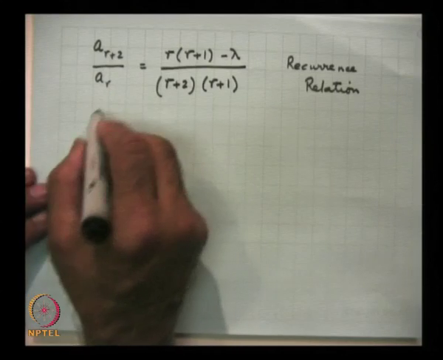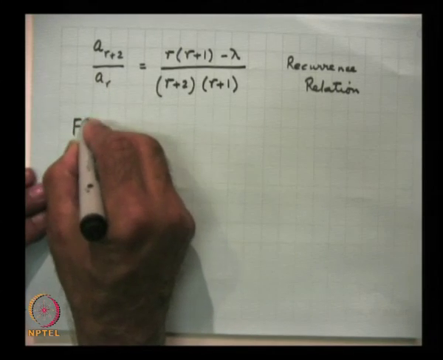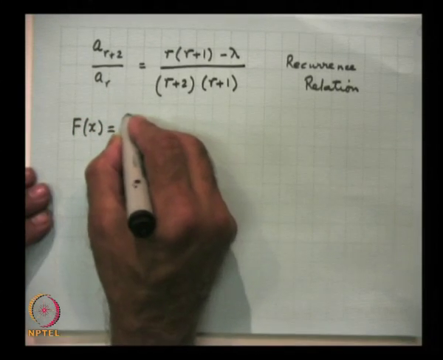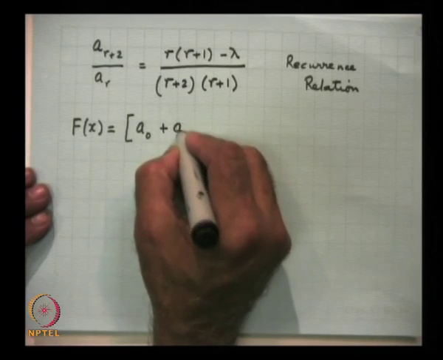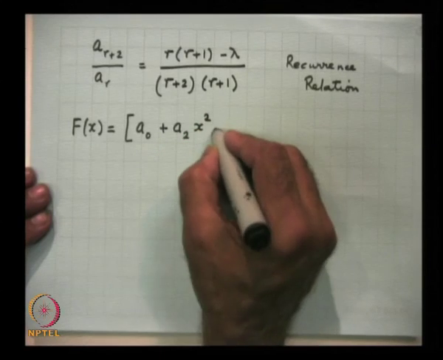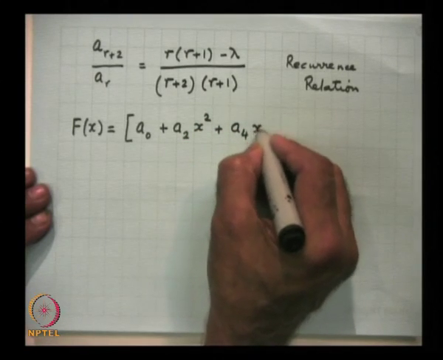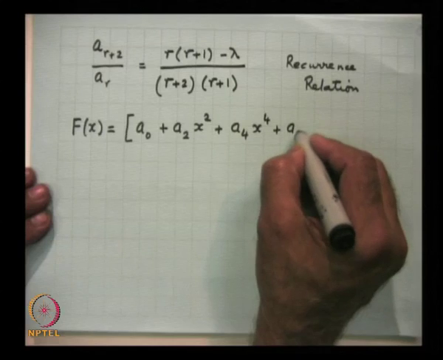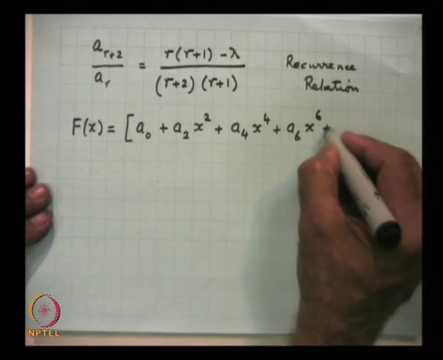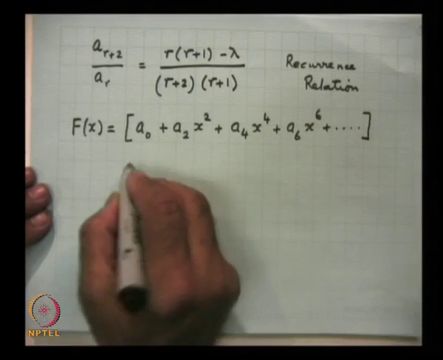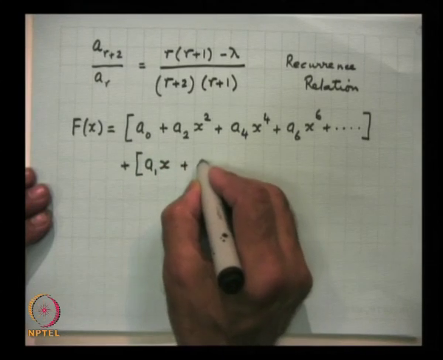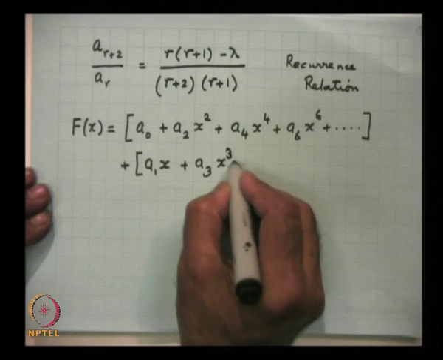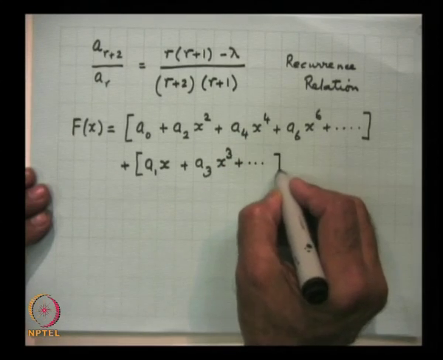So, the solution f of x can be written like this: two independent solutions. The first series consists of only even powers: a0 plus a2 x square plus a4 x4 plus a6 x6 and so on, only the even powers, plus a1 x plus a3 x cubed plus a5 x5 and so on.